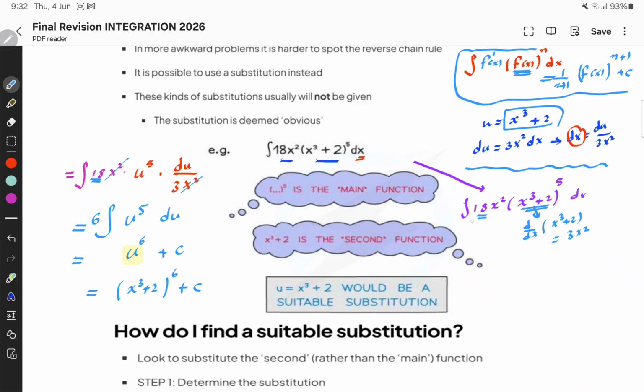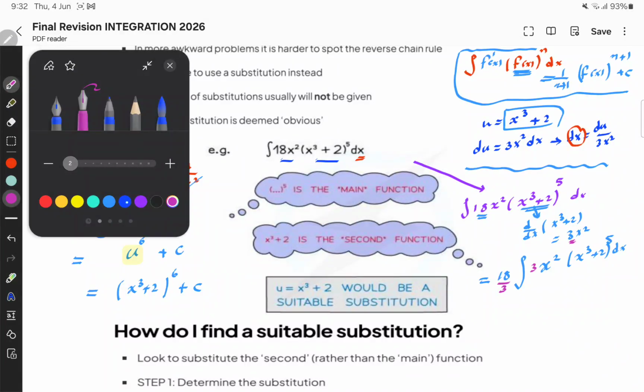So here I have 18, it goes outside, times x squared, I have here x cubed plus 2 all to the power 5 with respect to x. So I need here 3, so just multiply by 3 and divide outside by 3.